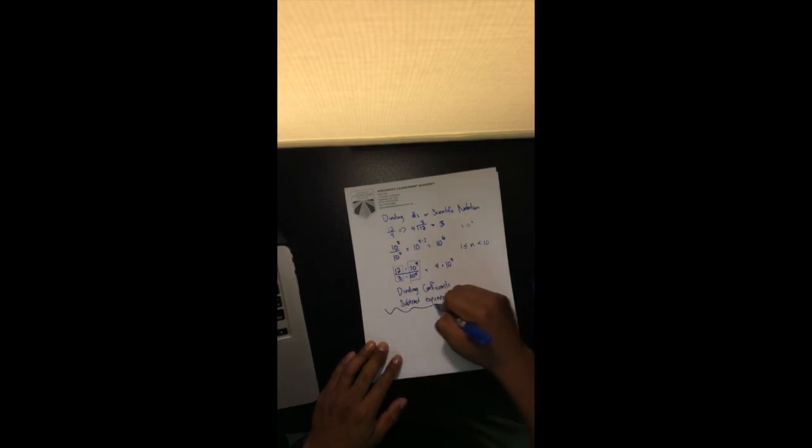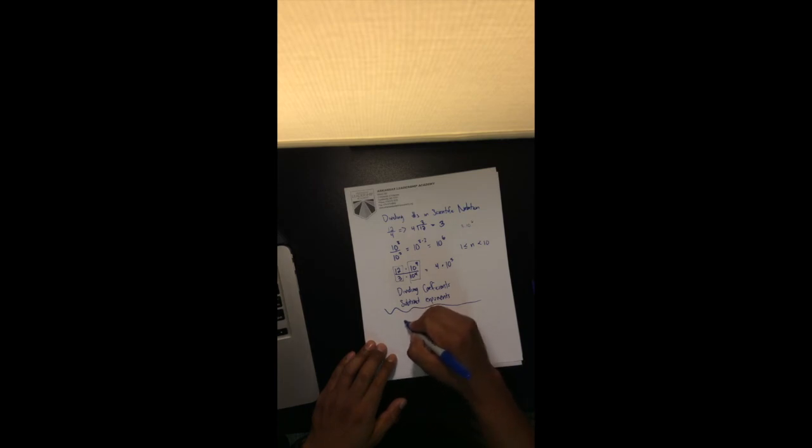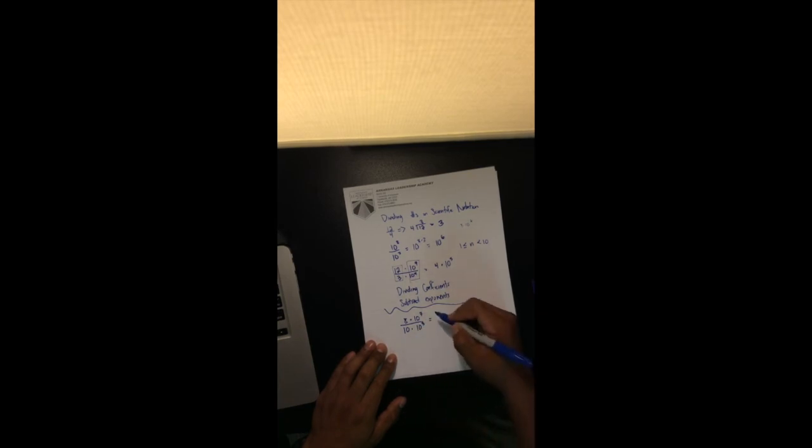So let's take this for example, because it's not always going to be this pretty. 8 times 10 to the 7th over 10 times 10 to the 3rd power. Yes, I know 10 times, it's weird, but just go with it, okay? First, I would do the exponents because subtracting is easy.